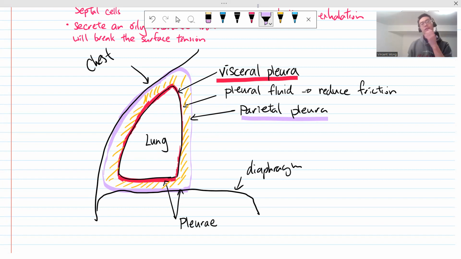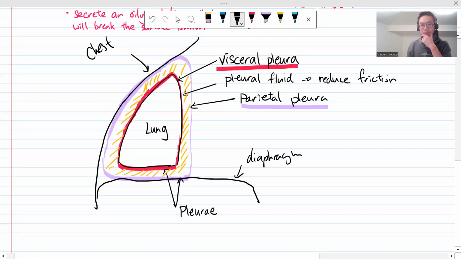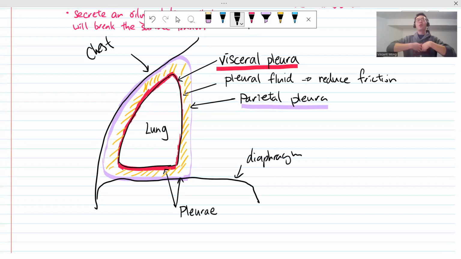Okay, that one is really hard to visualize. How do I explain this one virtually to you? If you open up the chest, like the inside of the chest, that's what I'm talking about. That is where the parietal pleura is going to be stuck to.